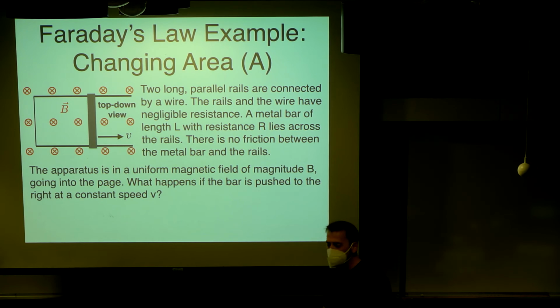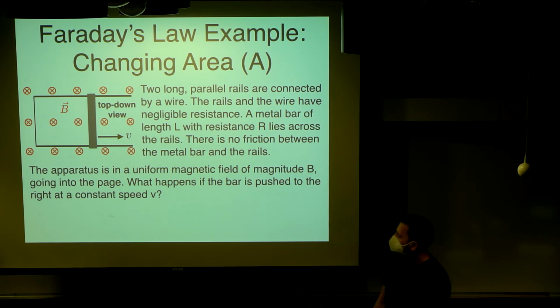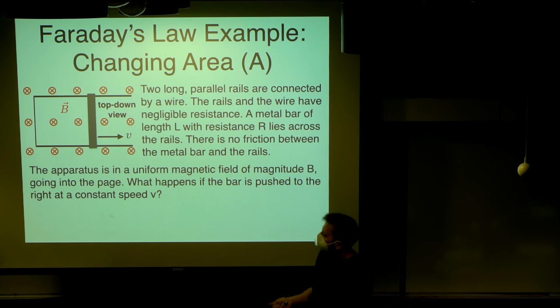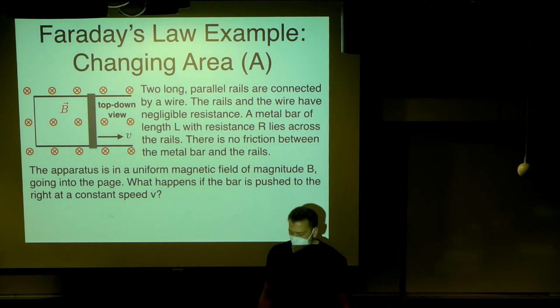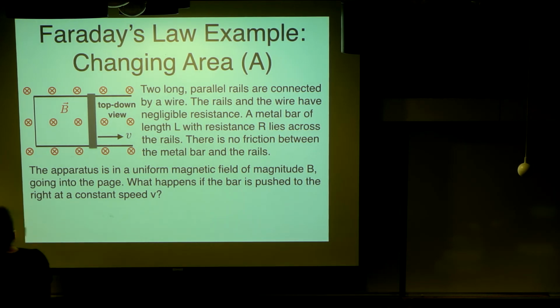Question is, what happens when we push the bar to the right at a constant speed, which we'll call V? So I hope it's clear what our loop is, right? We have a complete loop here where current could potentially flow under the right circumstances. What has to be happening for current to flow in that loop? A changing magnetic flux. Yeah, that's right. And is there a changing magnetic flux?